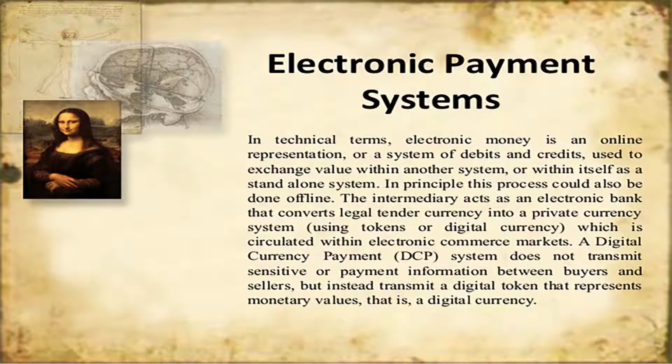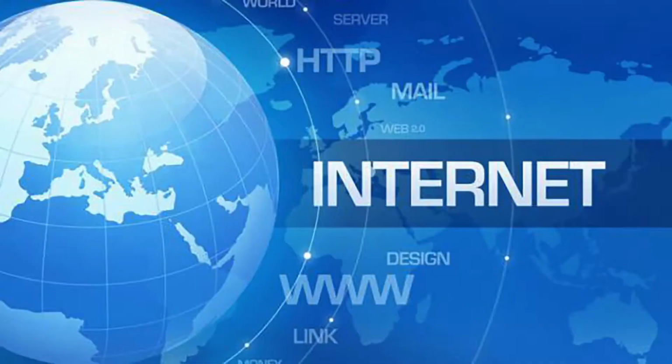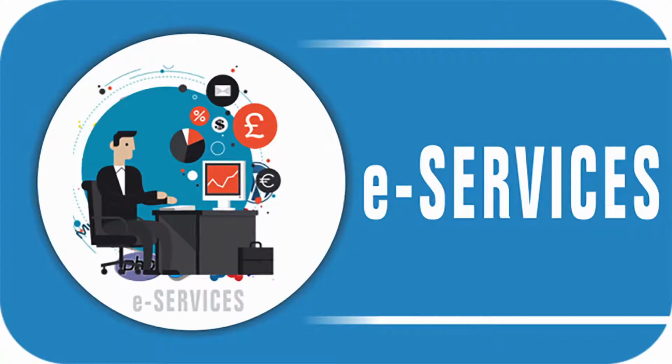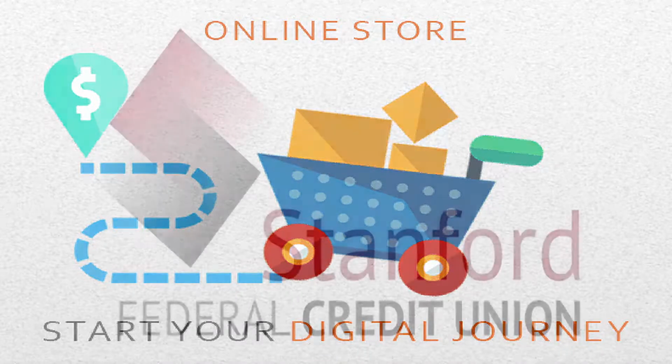Brief history of electronic payment systems. The origin of digital payment is highly related with the beginning of the internet, which brought a change in the world as nothing before, and if there was no internet, e-services and online stores would not exist.